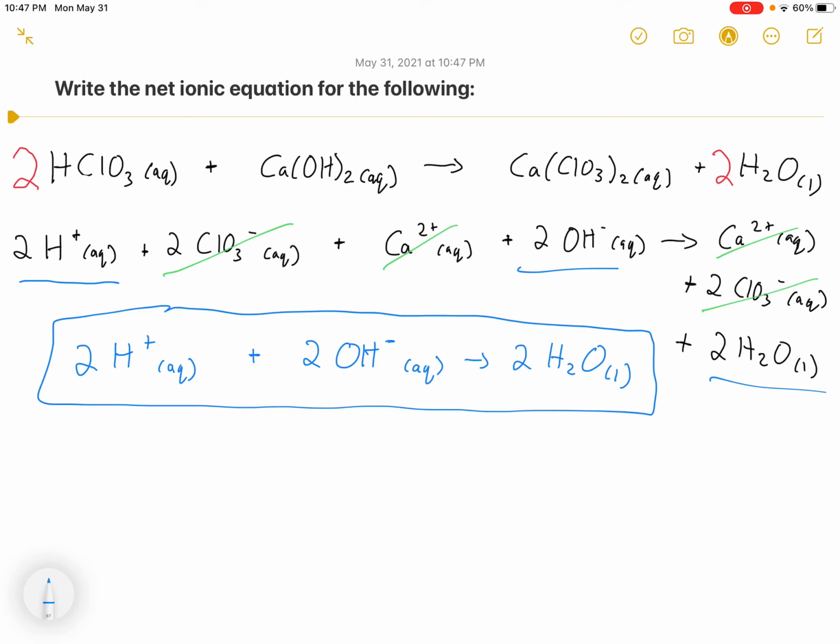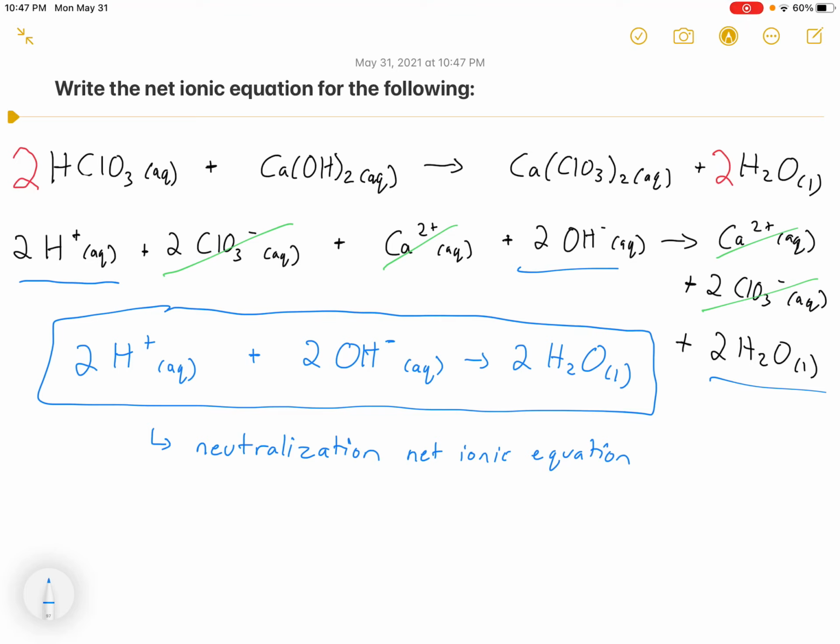And then just as a fun fact, as a preview to a future lesson, this is a neutralization reaction between an acid and a base, because calcium hydroxide is a base and chloric acid is an acid. The net ionic equation here for 2H plus and 2OH minus giving you 2 waters.